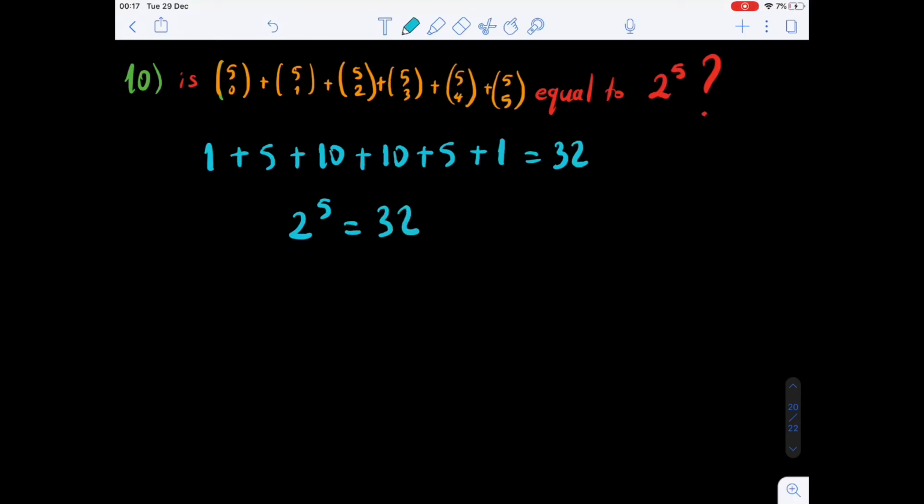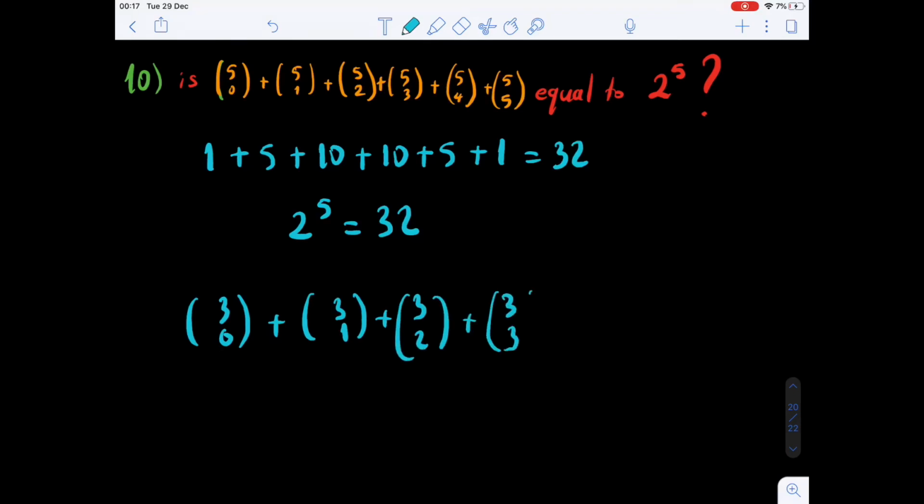So they are equal. And if I write here 3 choose 0 plus 3 choose 1 plus 3 choose 2 plus 3 choose 3, it's going to be, of course, 2 to the power of 3. We need to understand this.